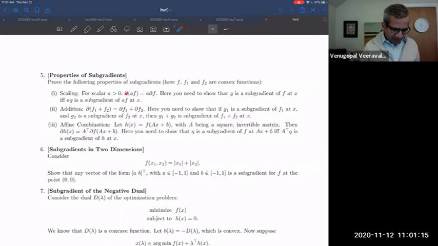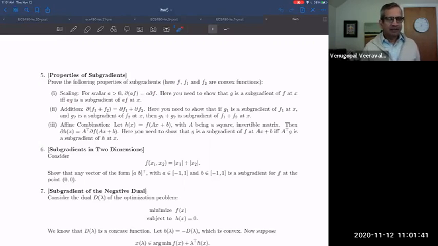For example, for scaling, what I want you to show is that g is a subgradient of f at some point x if and only if ag is a subgradient of af. For this particular statement, going both ways is actually very easy. Once you prove the implication going one way, the argument can easily be reversed.